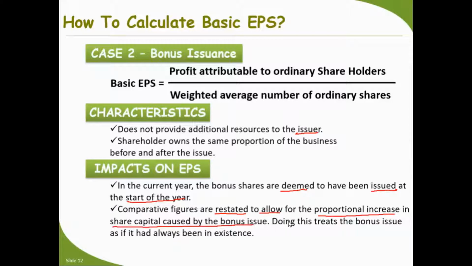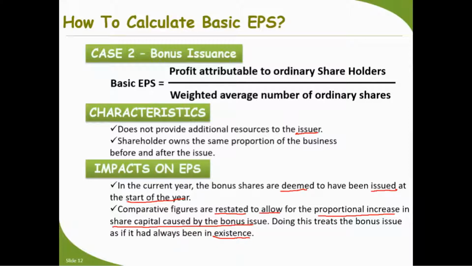So the previous year EPS you are supposed to restate. Doing this, treat the bonus issue as if it had always been in existence. Again, this is the case where we will assume that bonus shares were issued at the start of the preceding period.